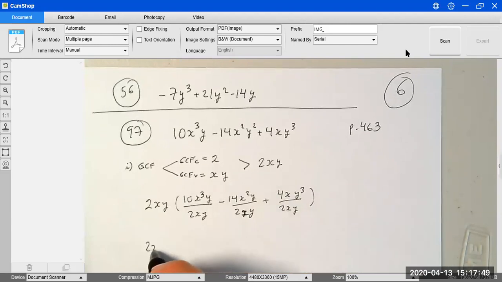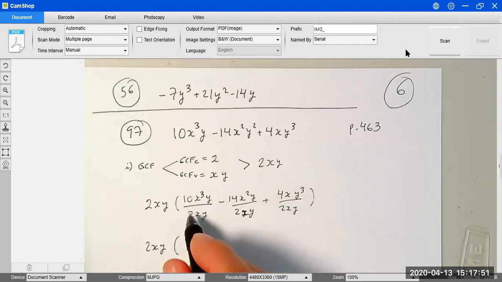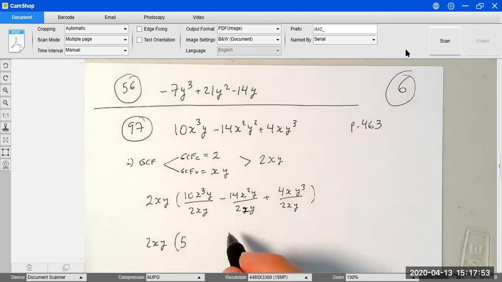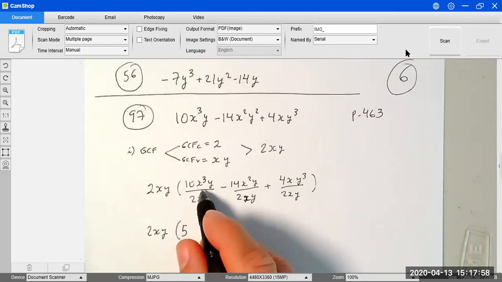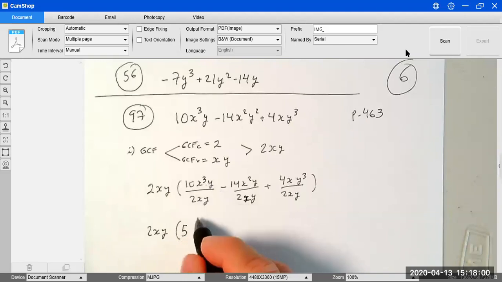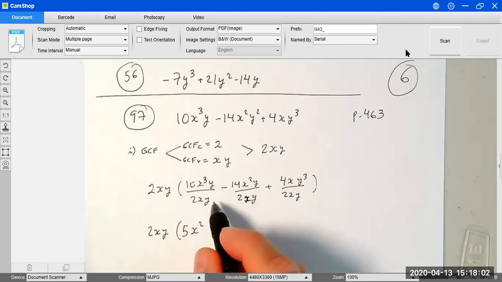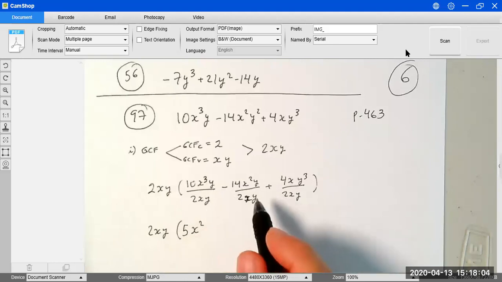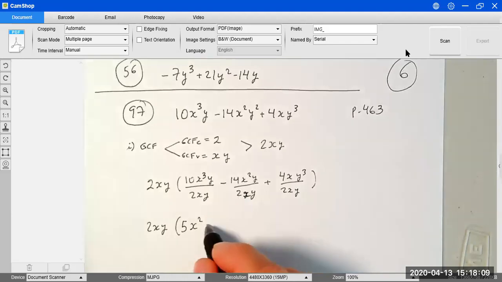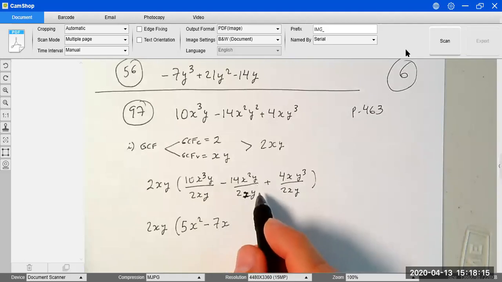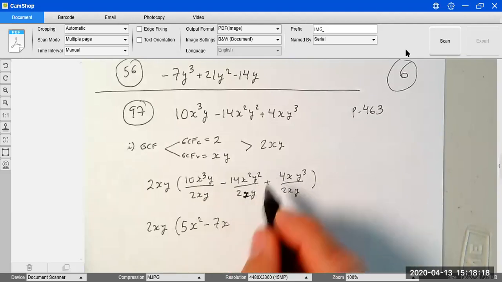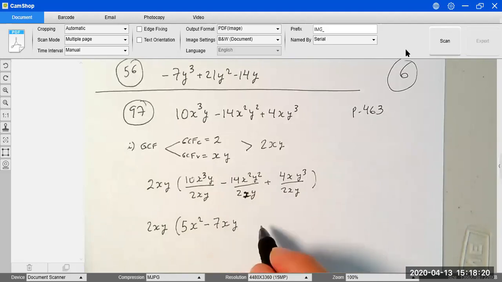So I have 2xy, 10 over 2 is going to be 5, and then x cubed over x is going to be x squared, y over y cancels, then 14 over 2 is going to be negative 7, and x squared over x is going to be x, y squared over y is going to be y.